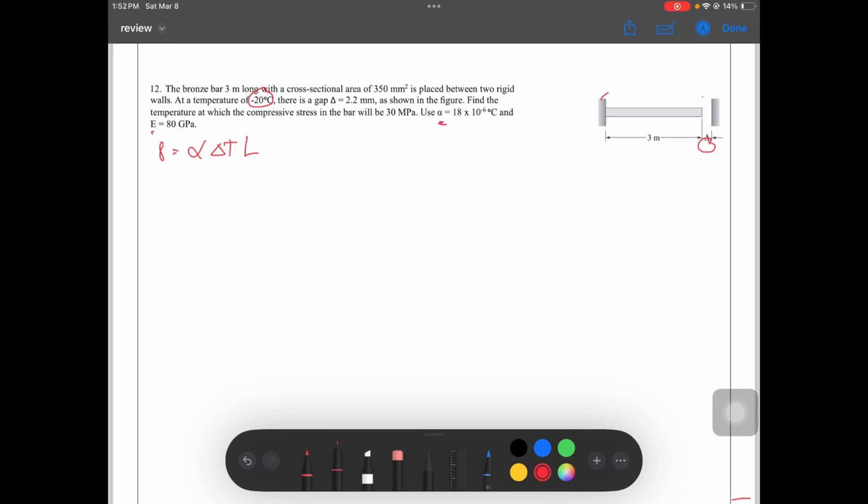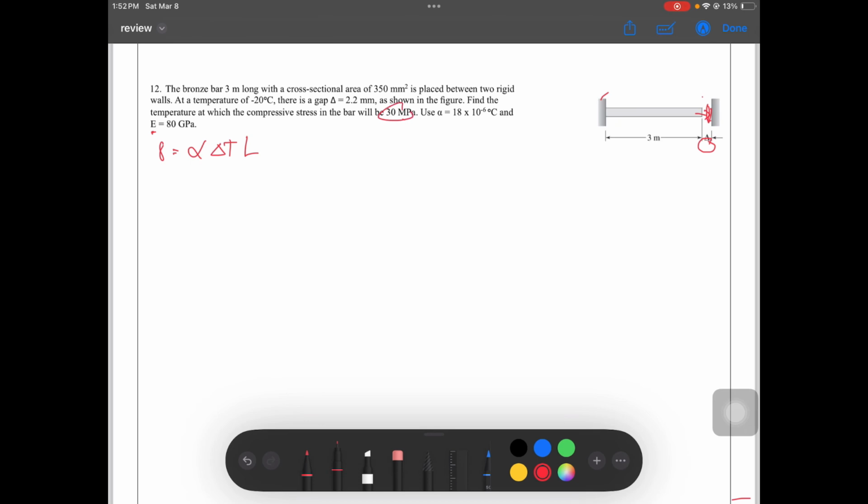Ito yung alpha and ito yung G natin. So, the problem wants a compressive stress na 30 MPa. So, kapag may contraction na ganito, i-reach mo siya dito sa wall, you're doing tensile stress. So, hindi yun ang hinahanap ng problem. Gusto niya compressive stress na 30 MPa.